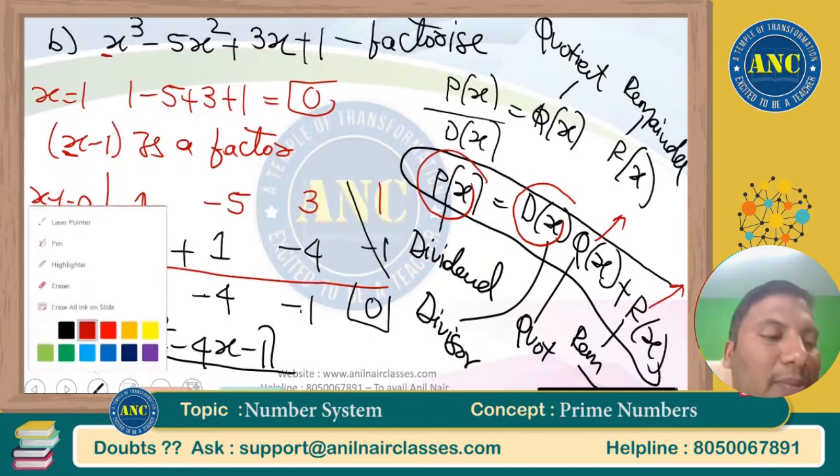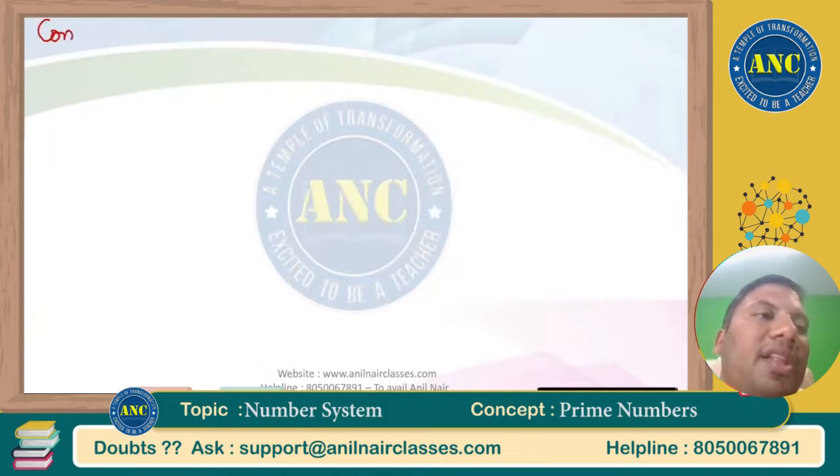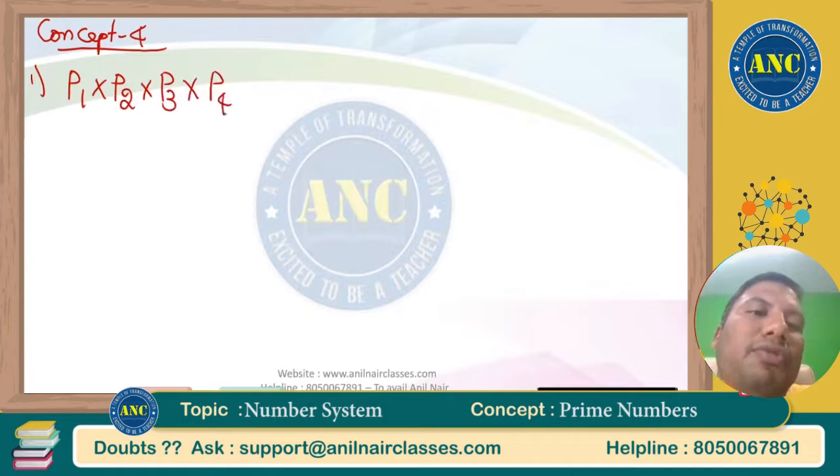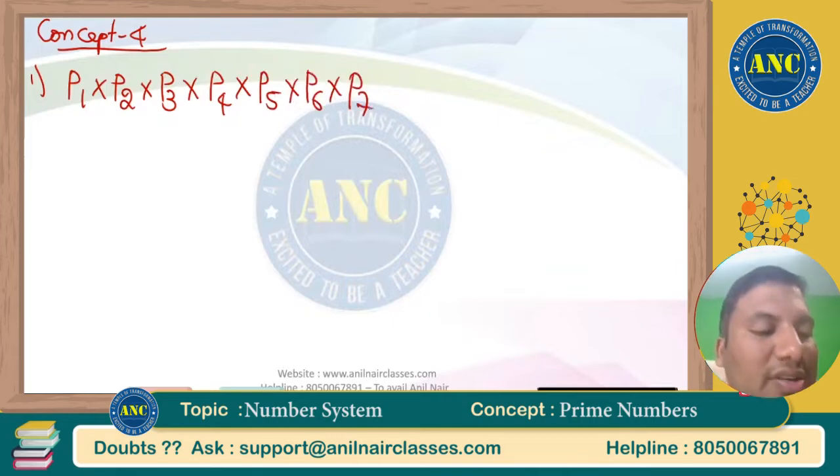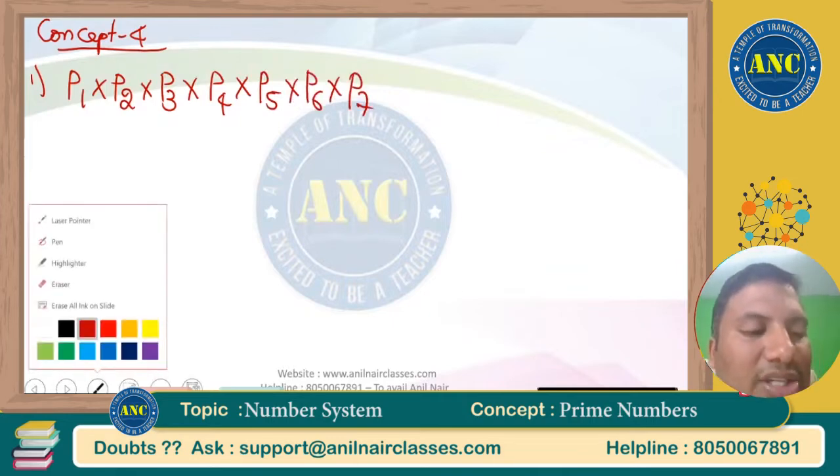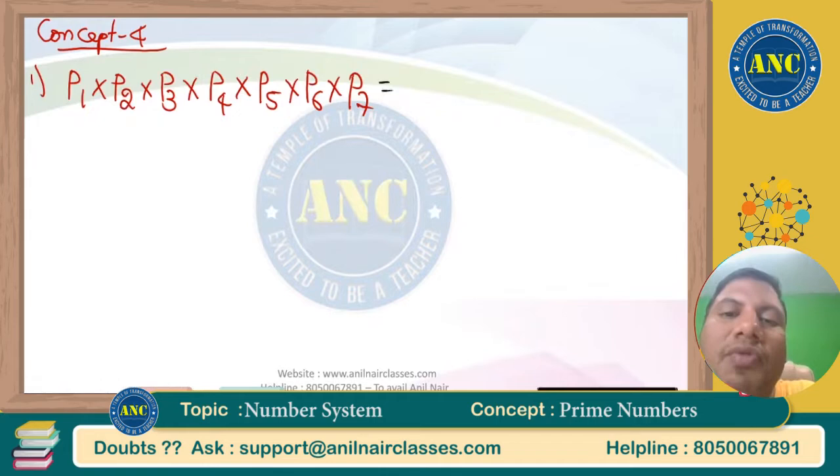Next, concept number 4. Two more concepts we will discuss in detail. These are another variety of questions. P1 into P2 into P3 into P4, P5, P6, P7: the entire multiplication is 510510.